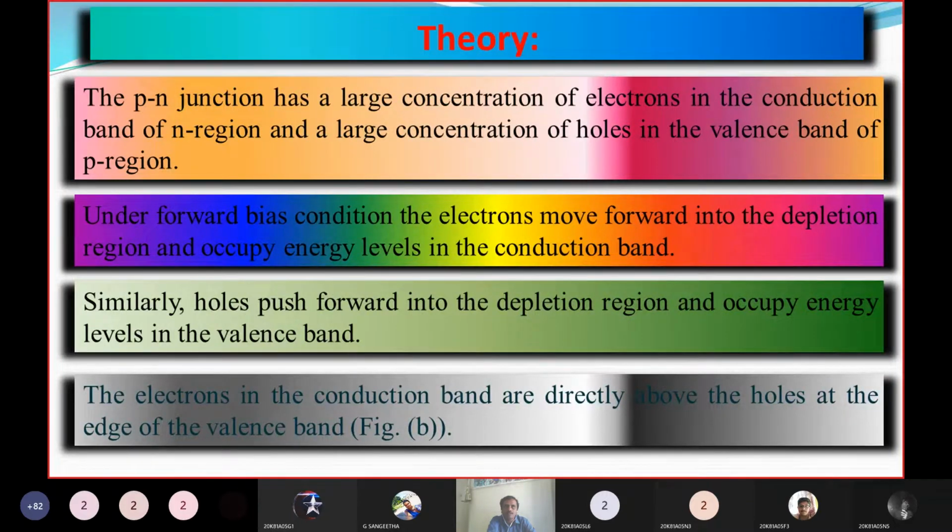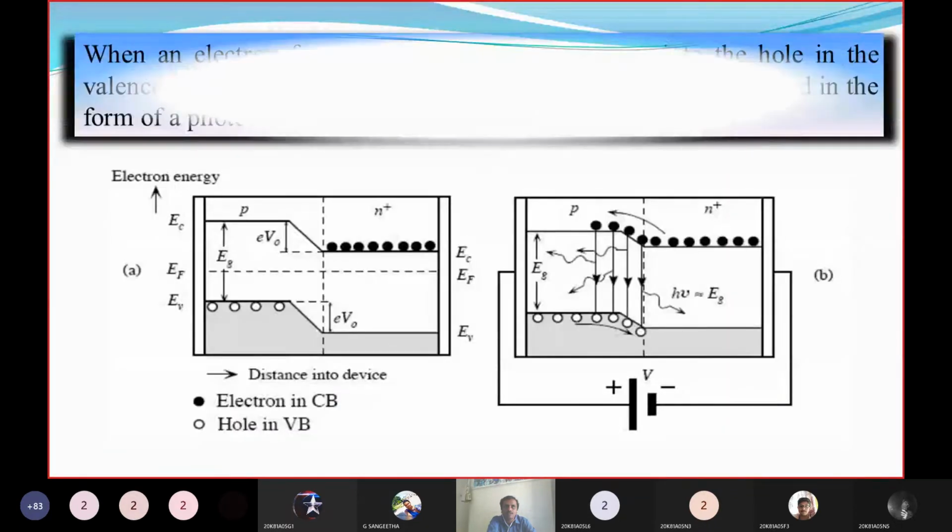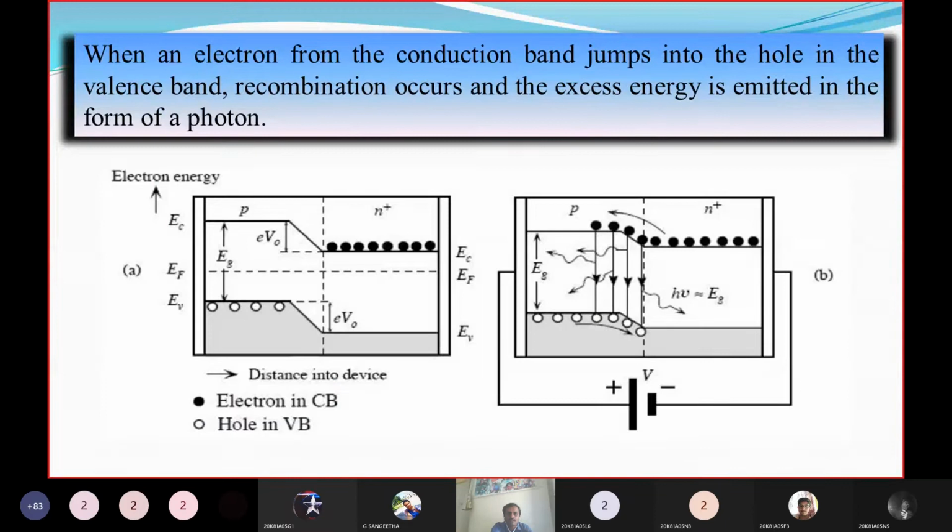When an electron from the conduction band jumps into a hole in the valence band, recombination occurs and excess energy is emitted in the form of a photon. Before applying any external field, this is the P region of the PN junction diode, and this is the N region.